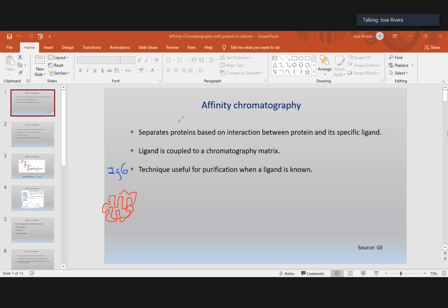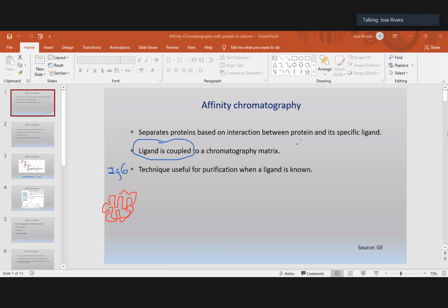If it's an IgG, it's going to be like an antigen, right? Whatever binds to the protein you want to purify is called the ligand. It can be like an epitope of a protein, or it can be a protein. And there is a molecule called protein A.